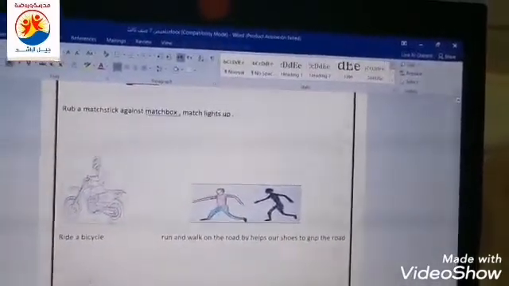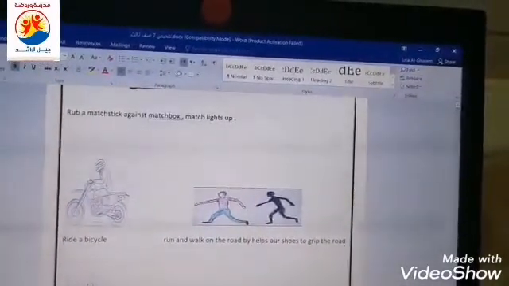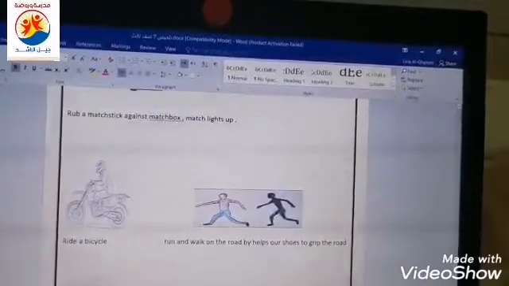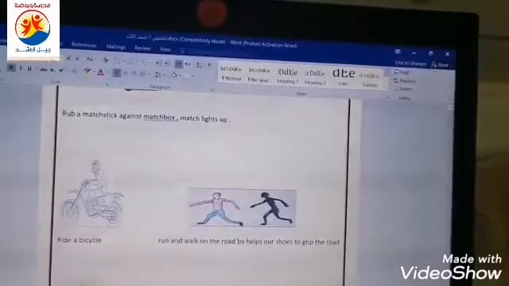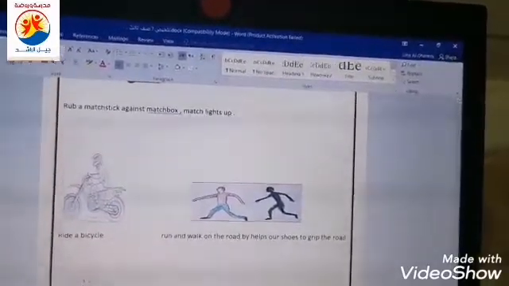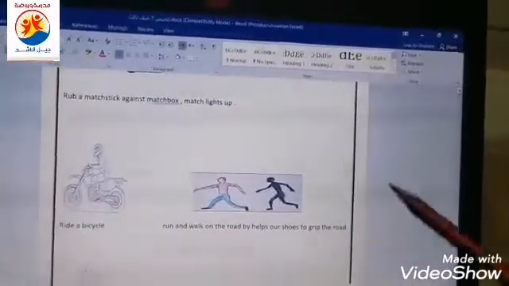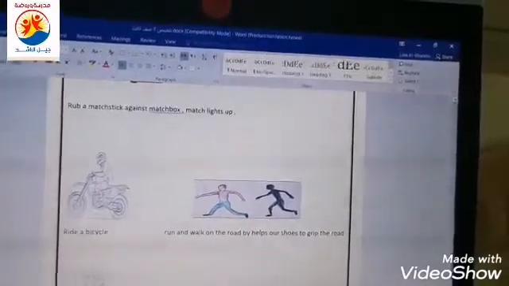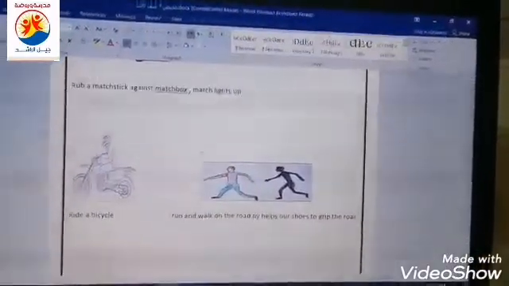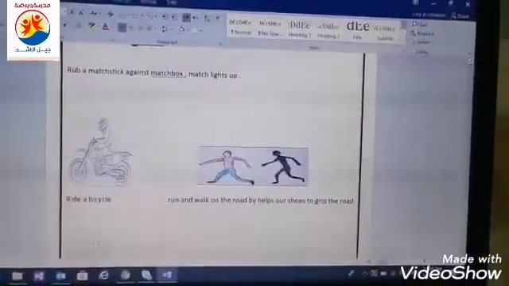We cannot walk on ice. Why? Because there is less friction between our shoes and the icy ground. But we have enough friction between our shoes and the street or road. Okay?